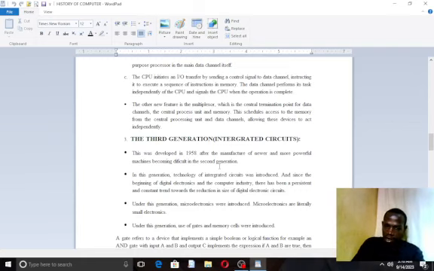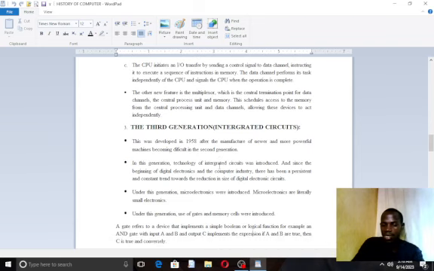In this generation, the technology of integrated circuits was introduced, and since the beginning of digital electronics and the computer industry, there has been a persistent and constant trend towards the reduction in size of digital electronic circuits. This also means that the computers under the third generation are smaller than those in the second generation.